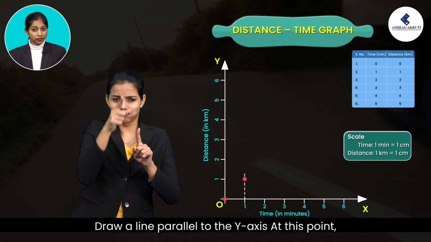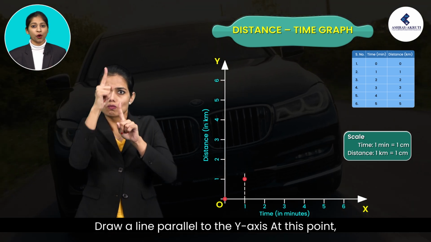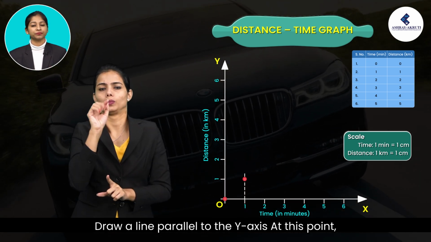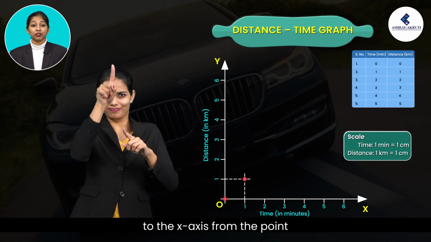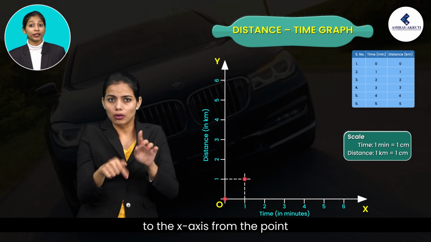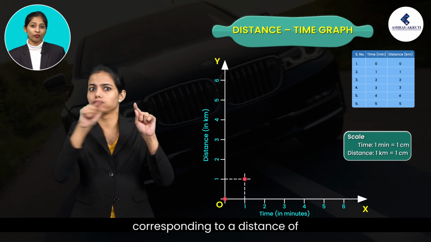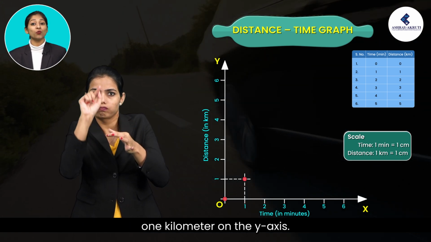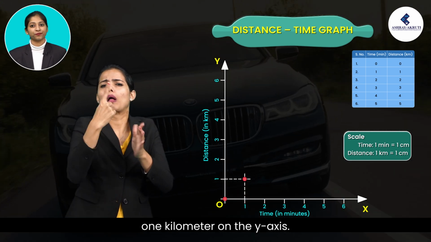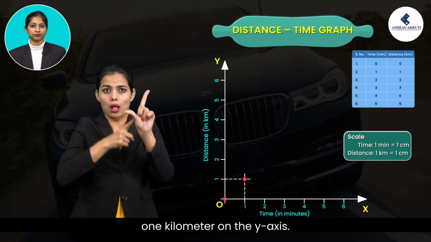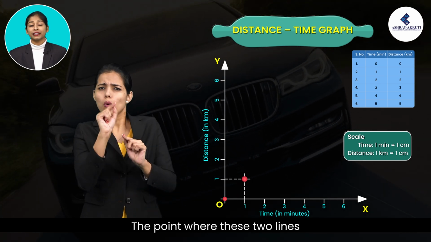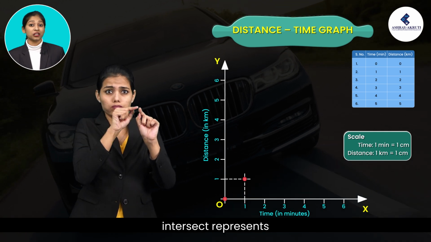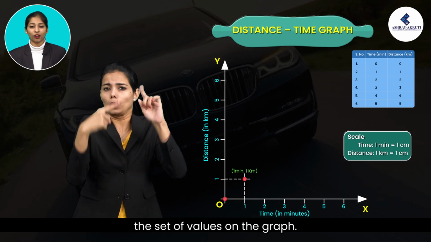Draw a line parallel to the y-axis at this point. Then, draw a line parallel to the x-axis from the point corresponding to a distance of 1 kilometer on the y-axis. The point where these two lines intersect represents this set of values on the graph.